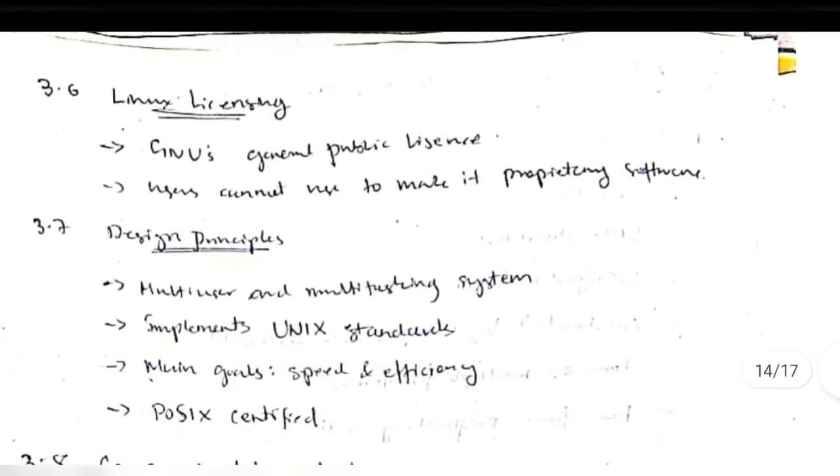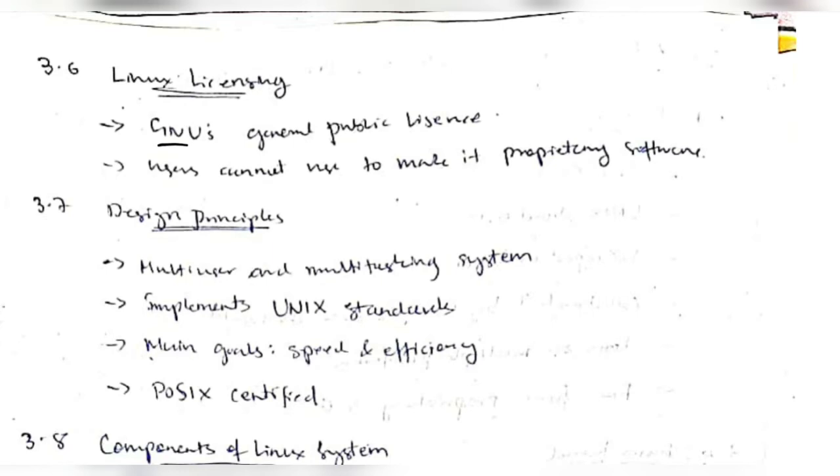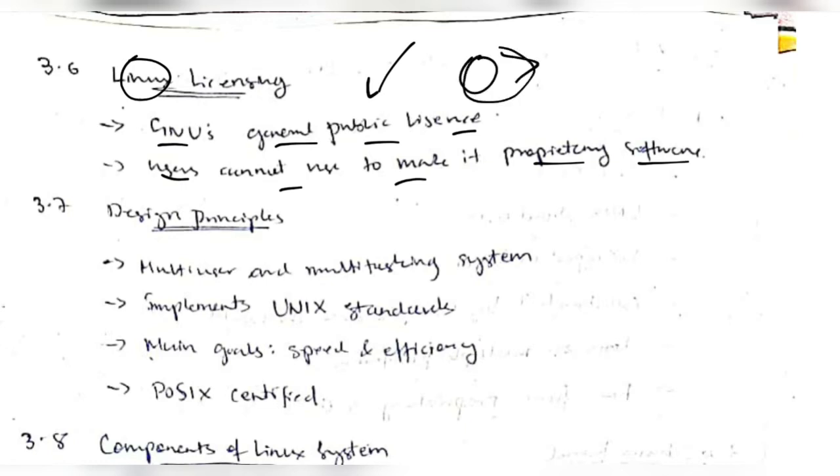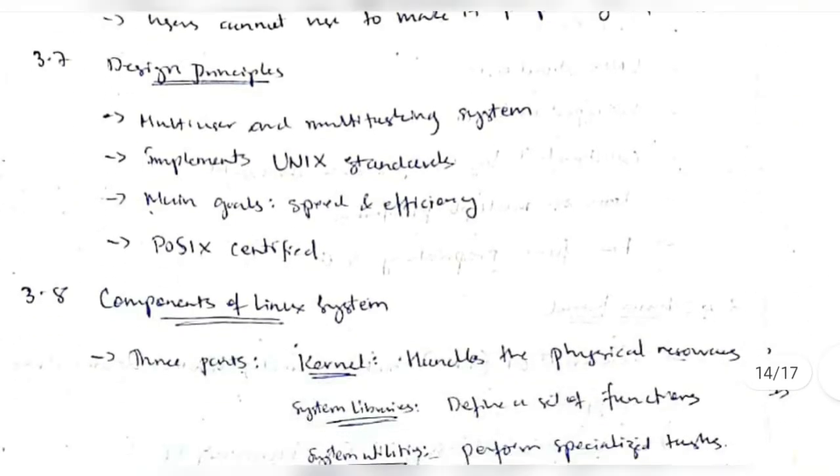Linux licensing means it uses the GNU General Public License. So the public can use the Linux license, but cannot use it to make proprietary software. Means by using open source free software, they cannot create paid software. That's the Linux licensing.